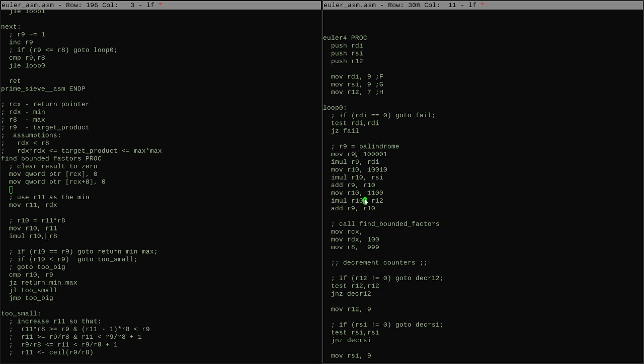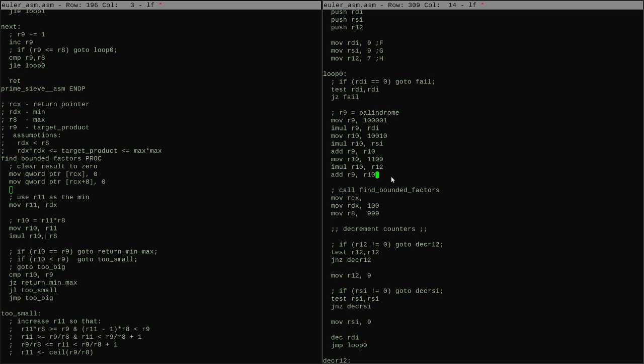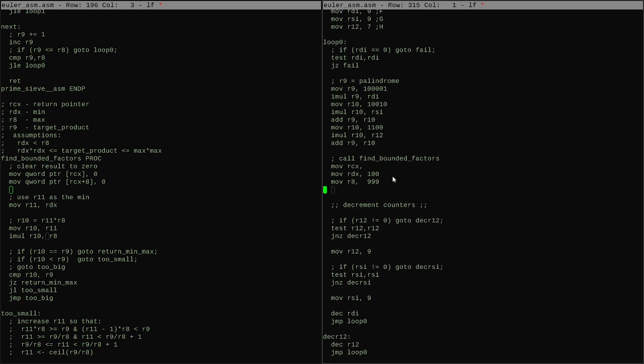Funny enough, R9 contains our palindrome, and then here we call find bounded factors.